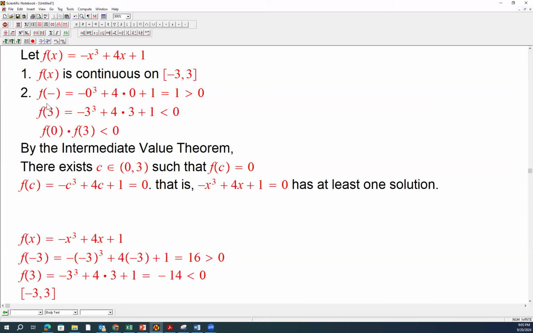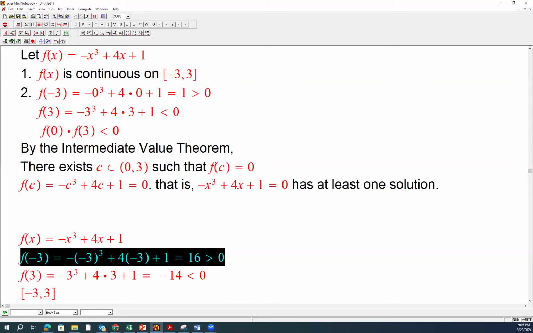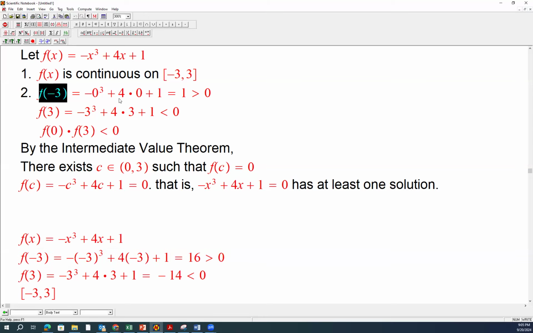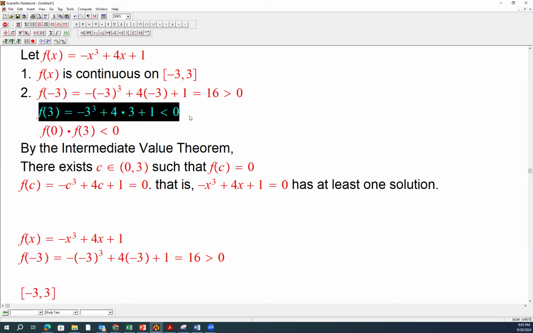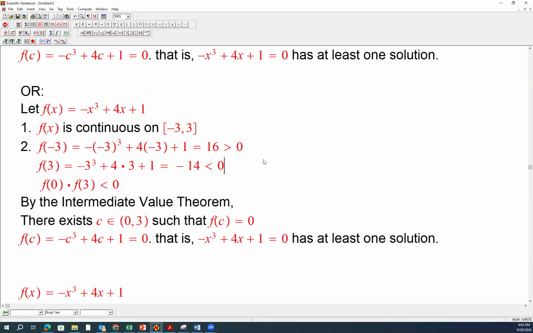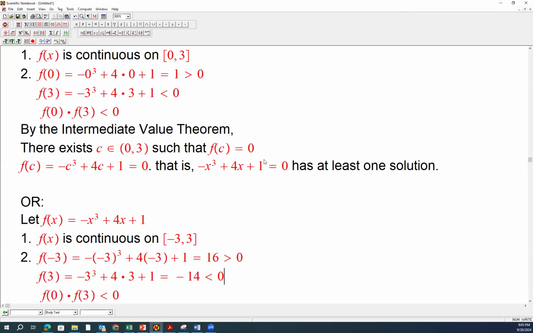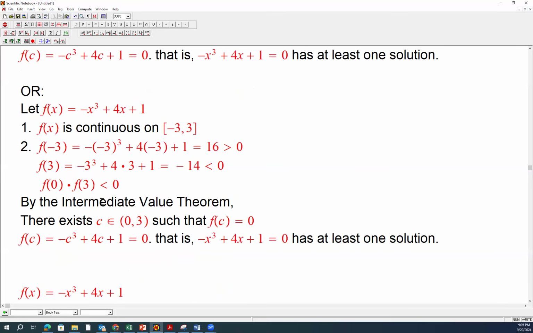So f of -3 is greater than 0, and f of 3 is negative, is that right? Yeah, it's correct. I just didn't calculate.